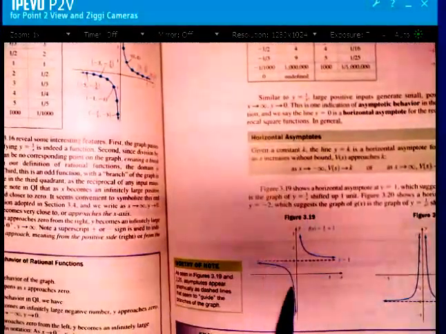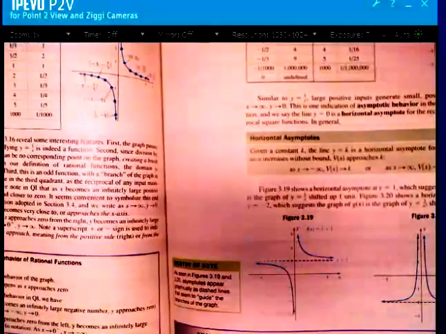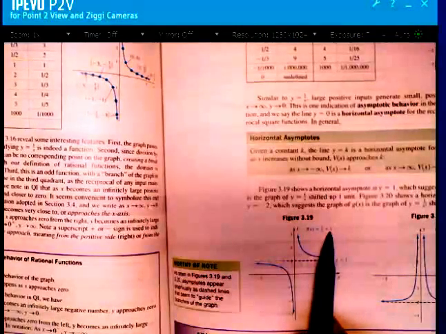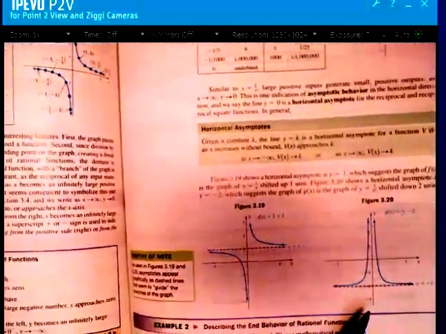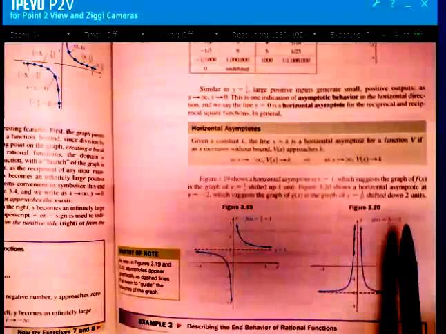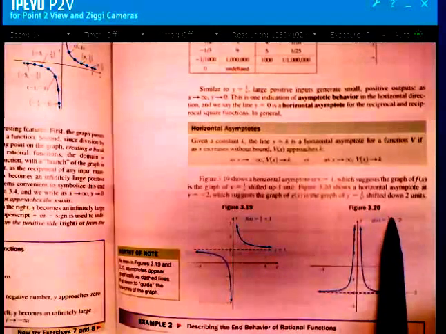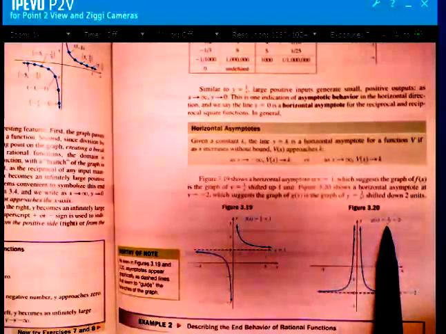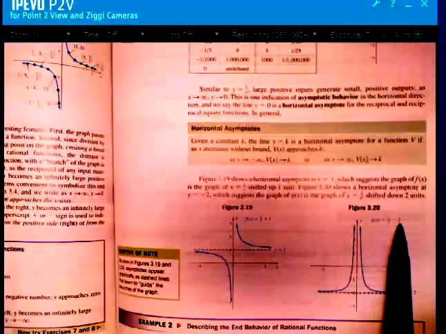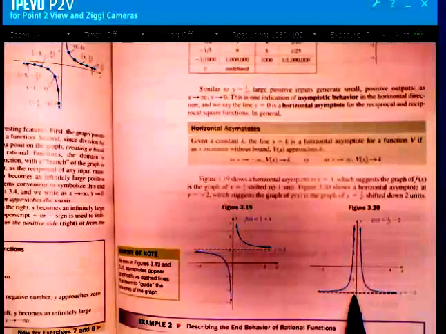And this function down here has the same exact form, but notice that the entire function is shifted up 1 unit. And that's because of this plus 1 at the end. Here's our volcano function. Our function is written as 1 over x squared, so that's our volcano function, minus 2, which means it's going to be shifted down 2 units.